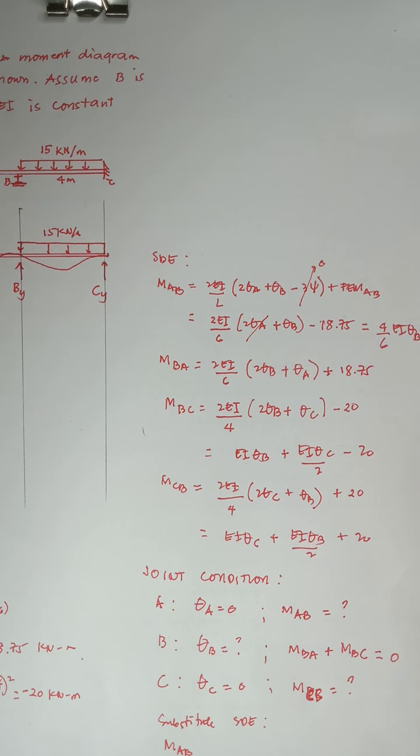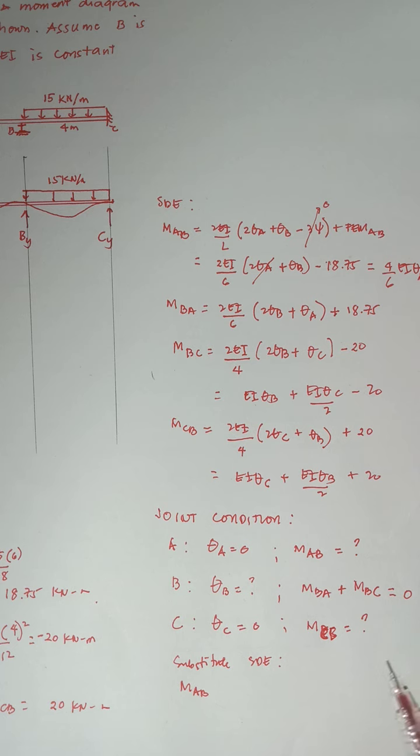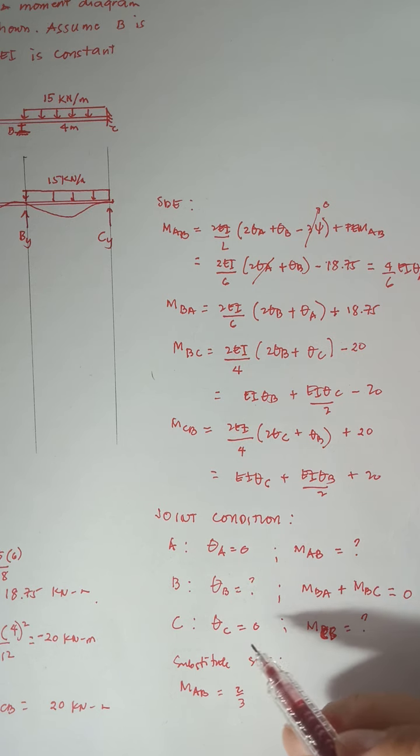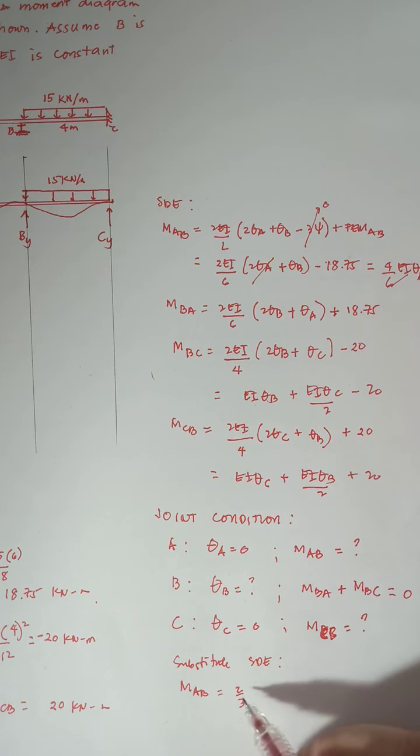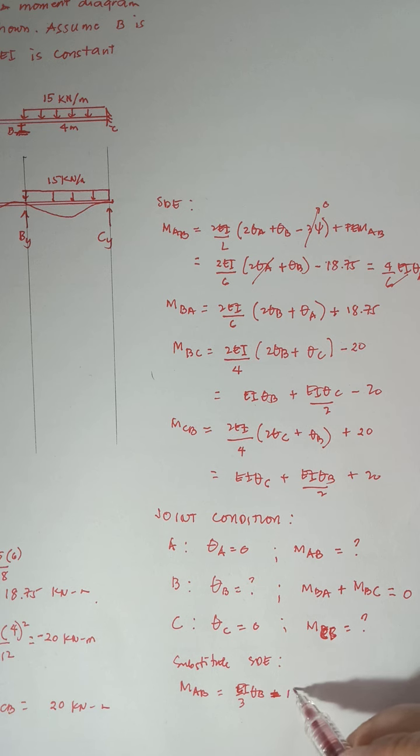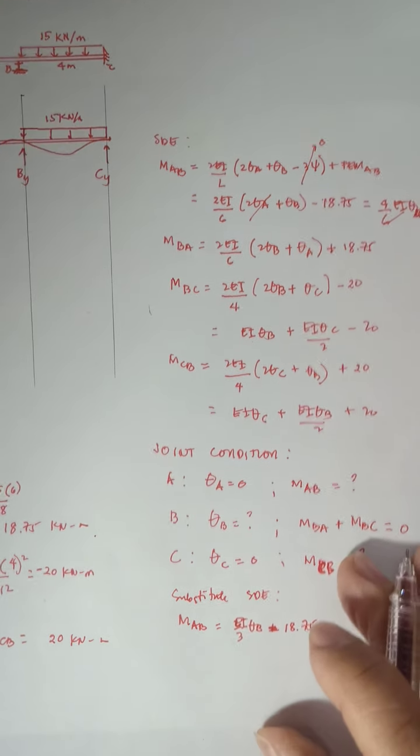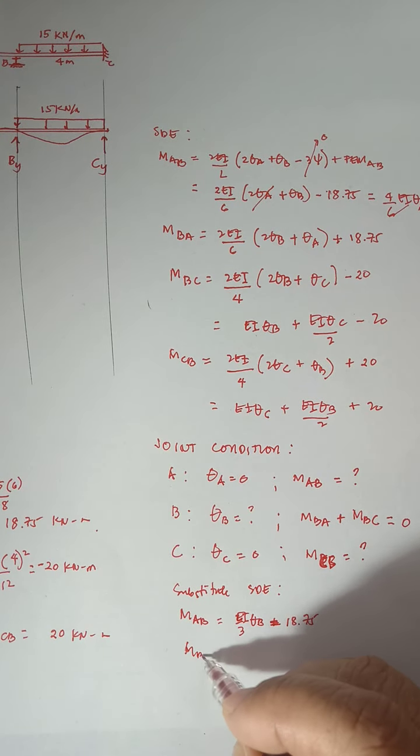So, that would be 1/3 EI theta B plus minus 18.75.